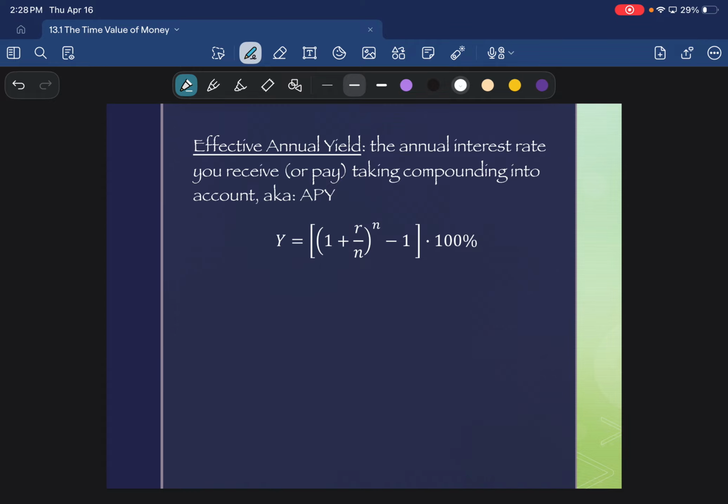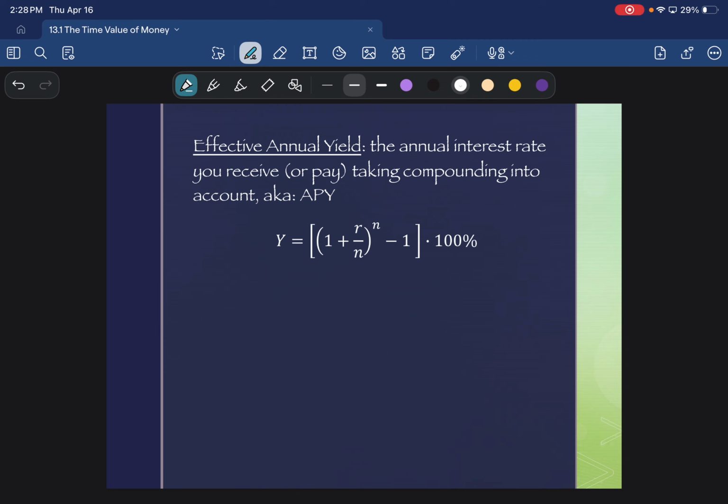is effective annual yield. This is, I think, the last place I'm going to have you actually write things down. And then we'll take some pictures after this. This is the annual interest rate that you receive or pay, taking compounding into account. It's otherwise known as the APY. You may have heard of APY before. APR and APY usually come up when people talk about car loans, sometimes credit cards.